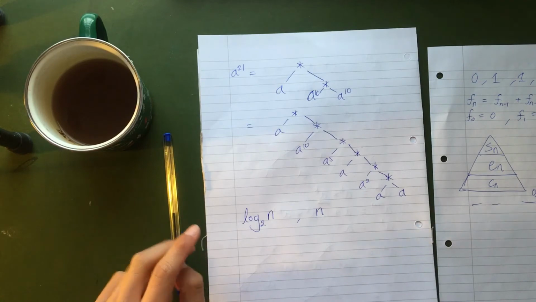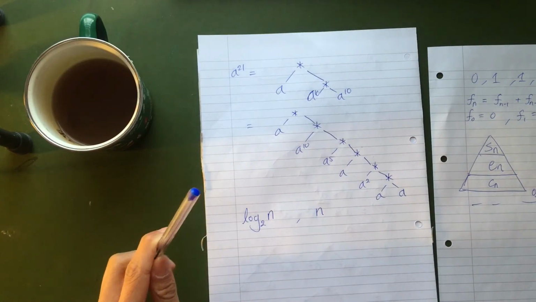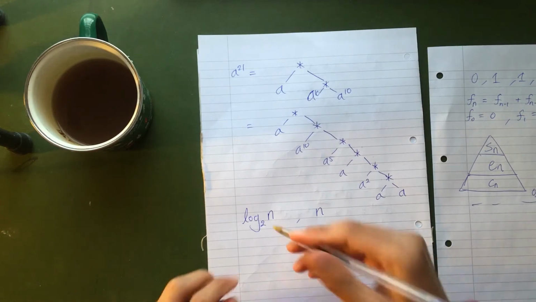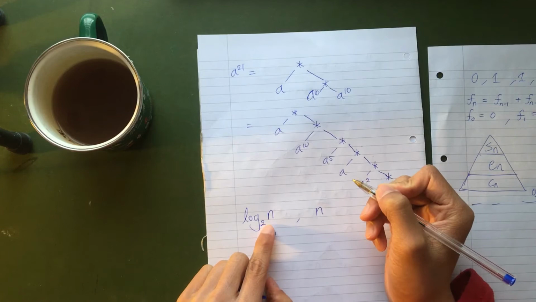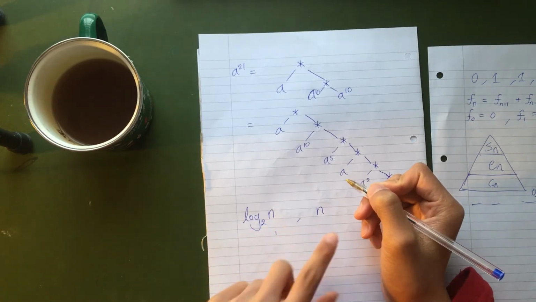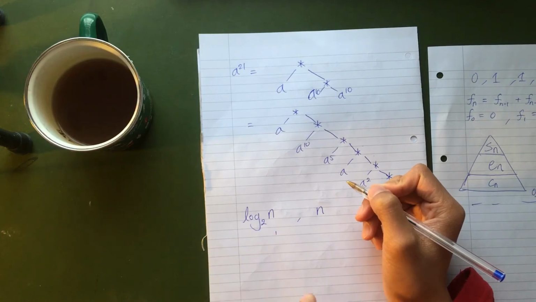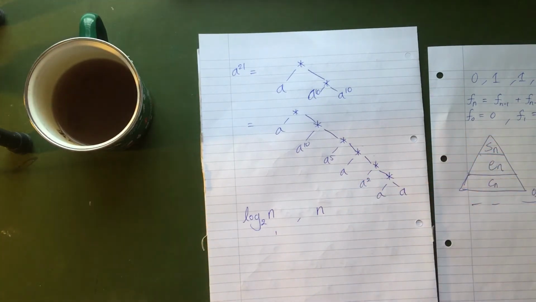And how huge? For n equals 4, n is about 2 times log n. For n equals 65,000, n is about 4,000 times log n. And for n about 4 billion, n is going to be about 100 million times log n.